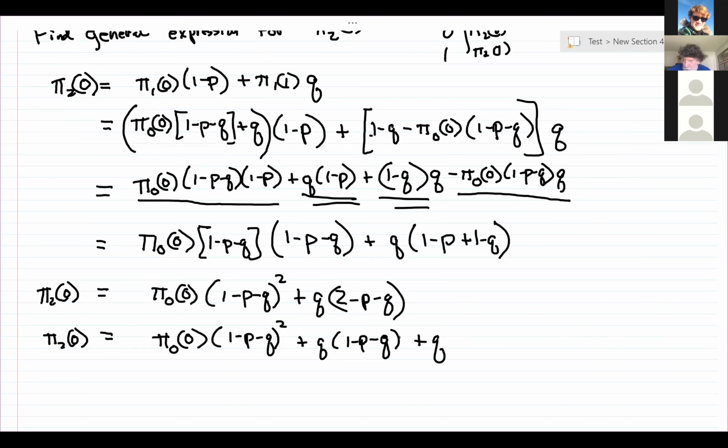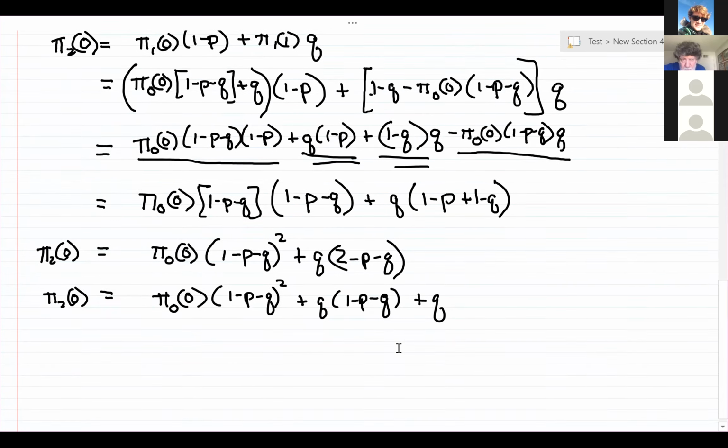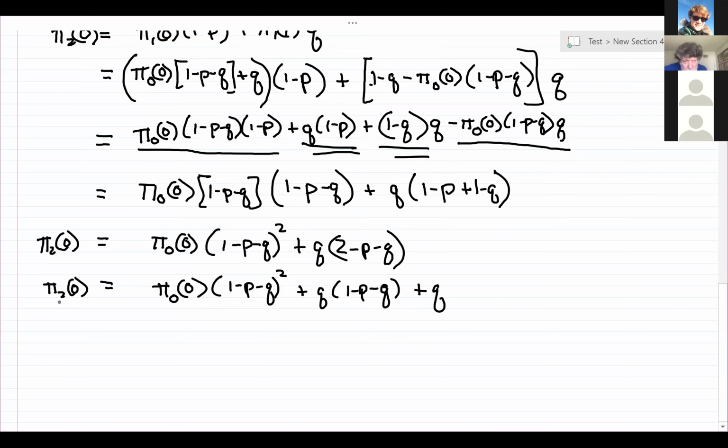Now, if you want to finish the rest of it, if you wanted to find out pi 2, 1, it would just be 1 minus pi 2, 0. And for pi 2, 0, you can put in either of these and get an expression. Now, the one that the book is interested in is this one.